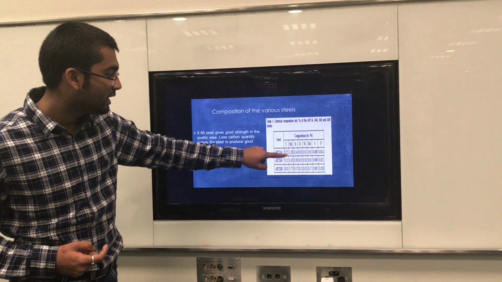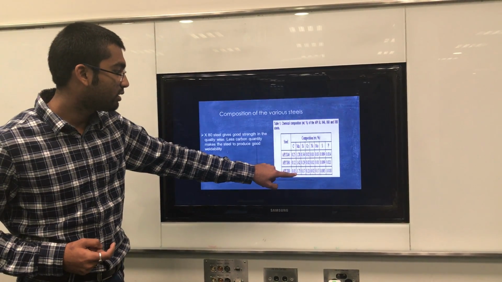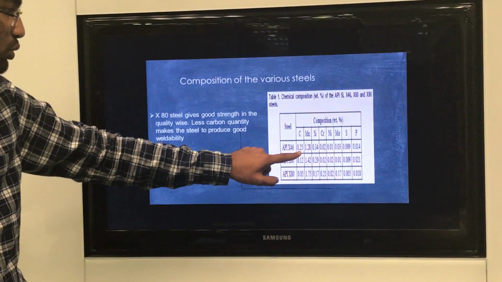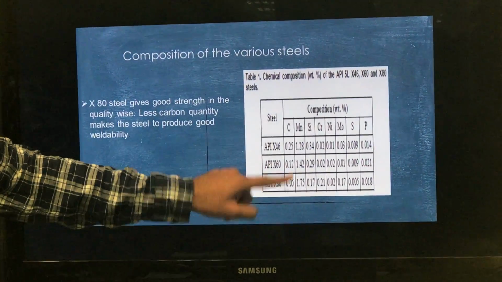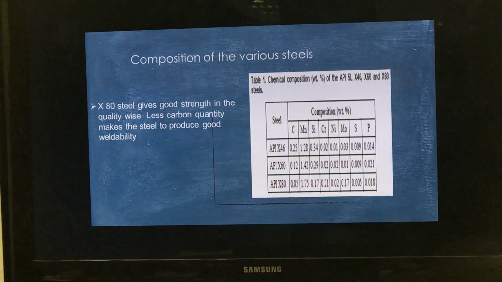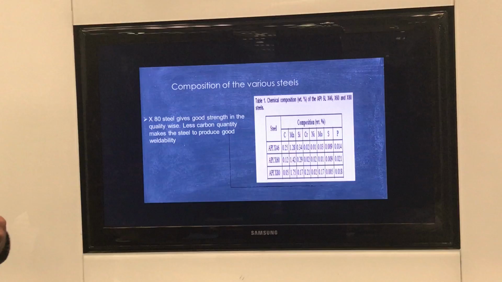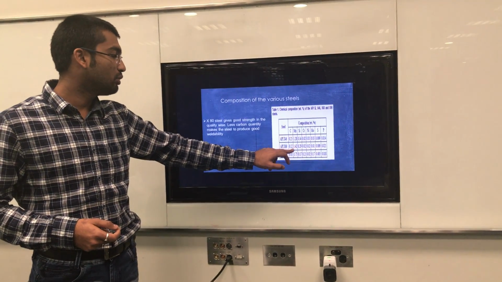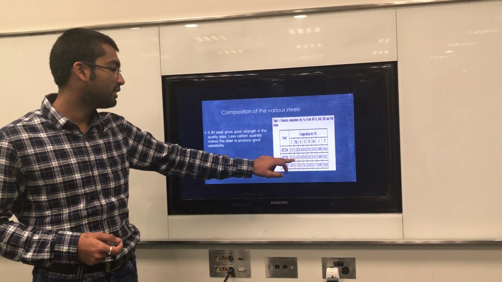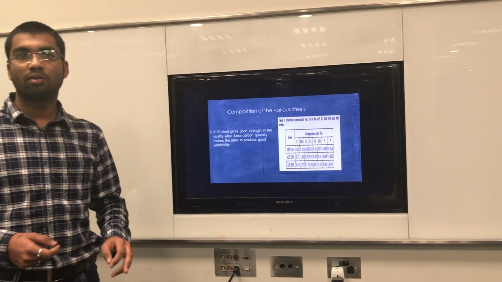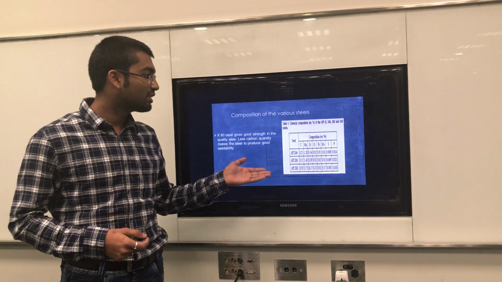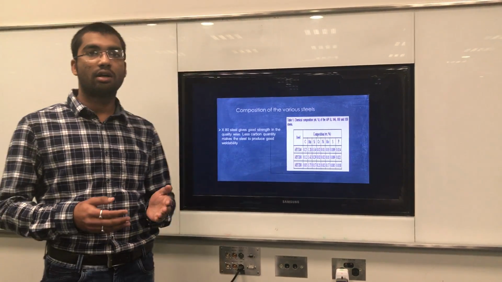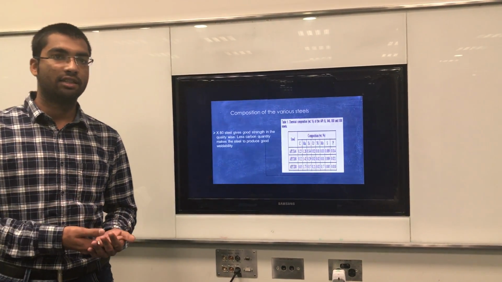You can see here it is 0.05, compared to X46 and X60, where here it is 0.25 and here it is 0.12. Because of this carbon content, it is very easy to weld the material. But in the X60 it is 0.12, which is a little more than this. Because of this carbon composition, it is not reliable for welding.